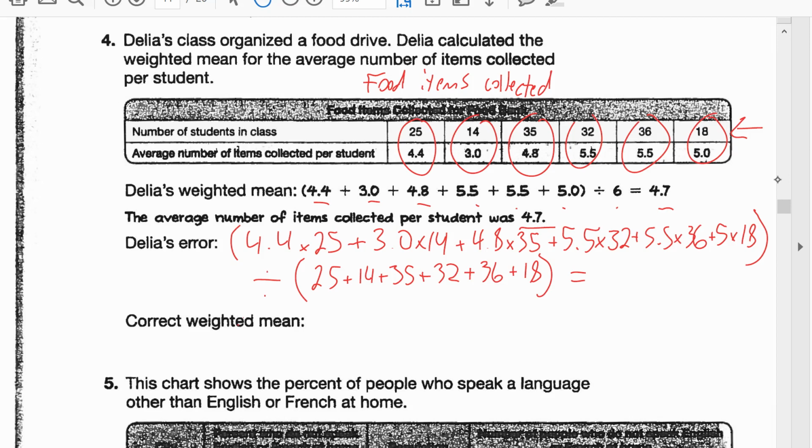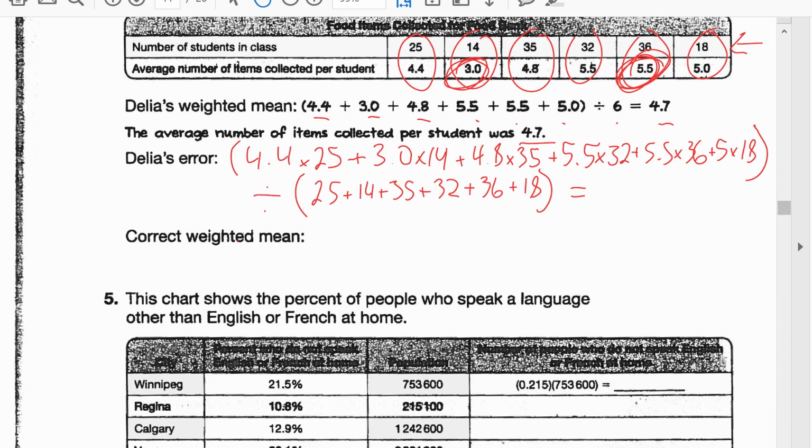It should be between your highest one, which is right here, is 5.5, and your lowest one is 3. So if you get an answer that's not in between those two, it's wrong. So the correct weighted mean is, tell me.